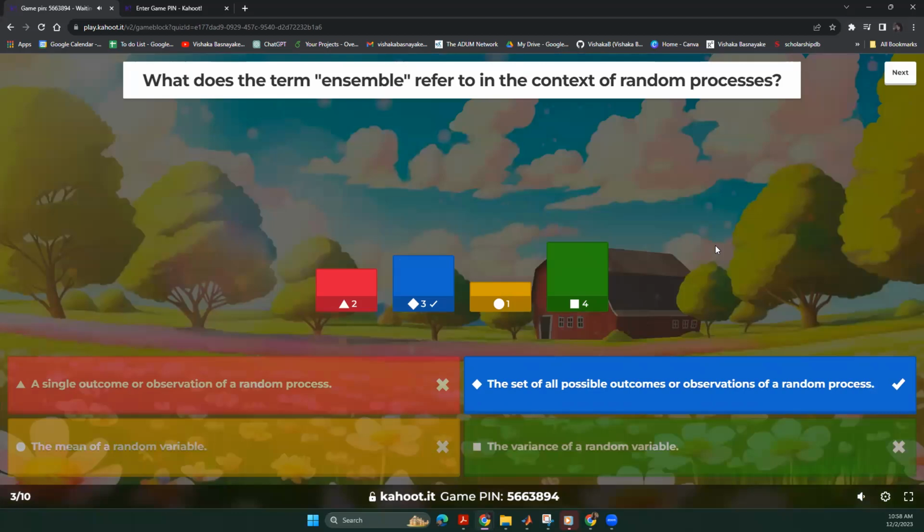Right, so the ensemble, I think we discussed, is the set of all the possible outcomes of a random process. All the possible realizations of the random process is the ensemble. I think we discussed that in our diagrams about the random process.